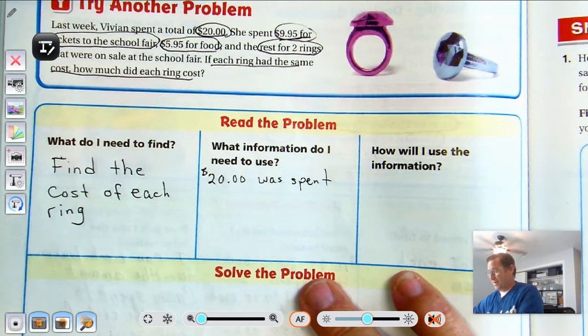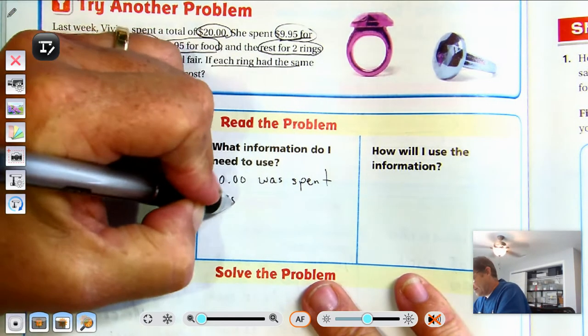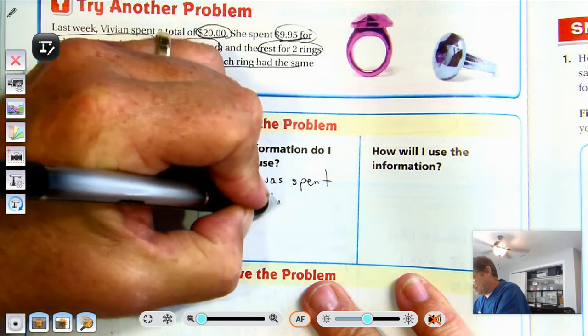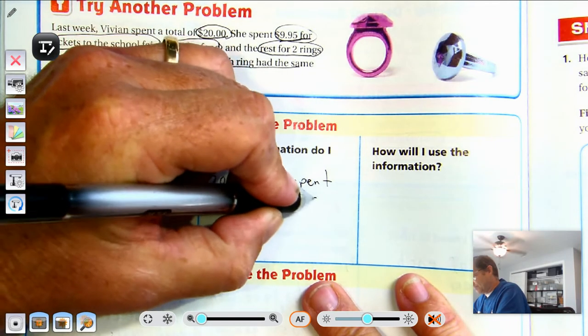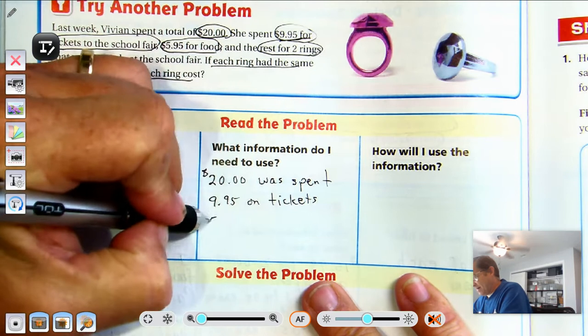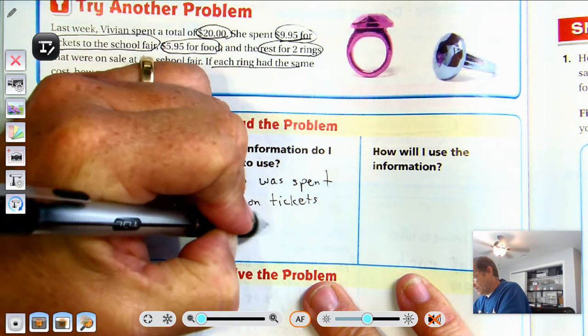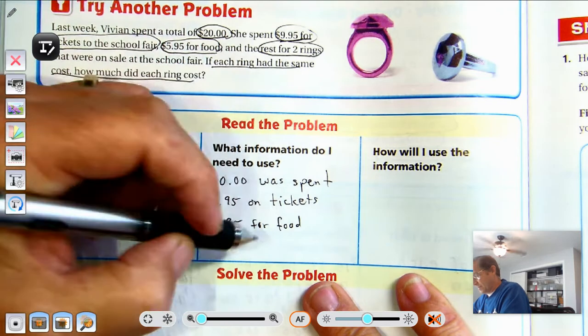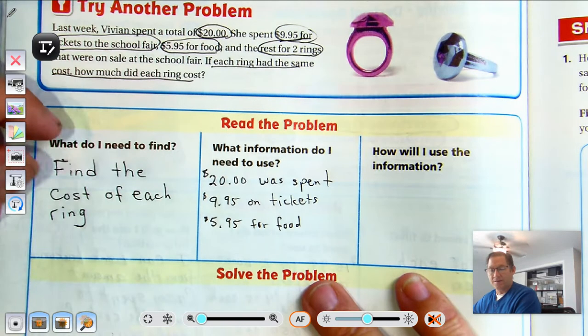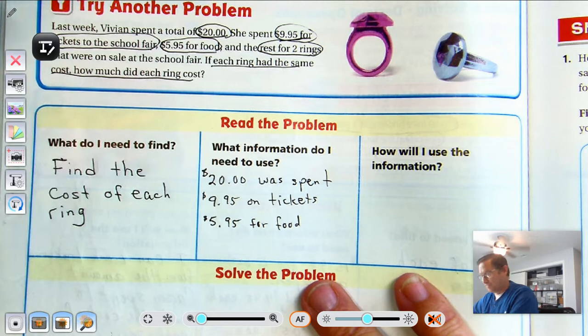I need to know that she spent $9.95 of that on tickets and $5.95 for food, and that the rest was spent on the rings.